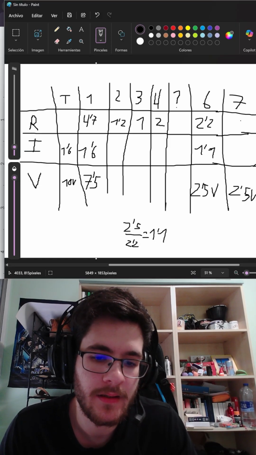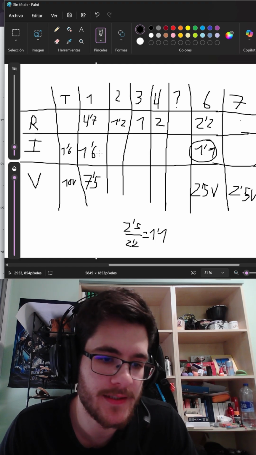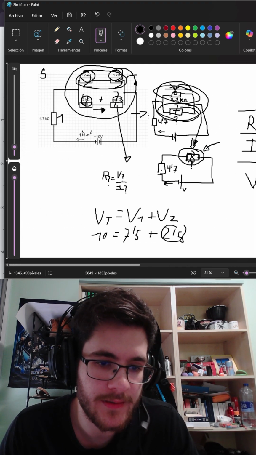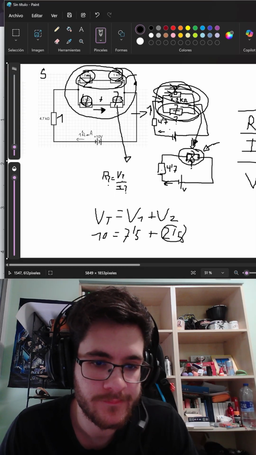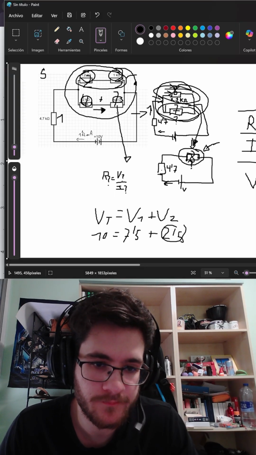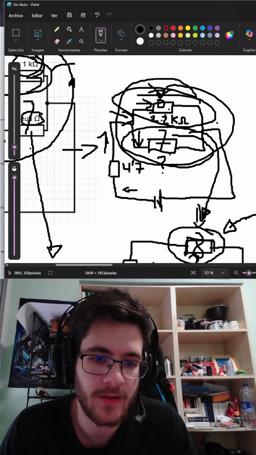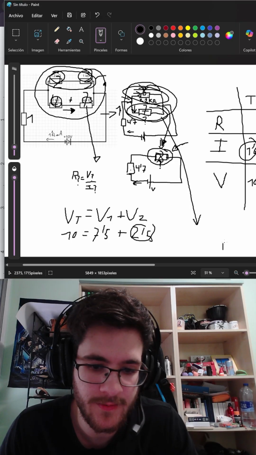And now we know this intensity and this intensity: the intensity that comes into the parallel and the intensity of the upper branch. So for Kirchhoff's law, okay, I will put you here because maybe you see it better.